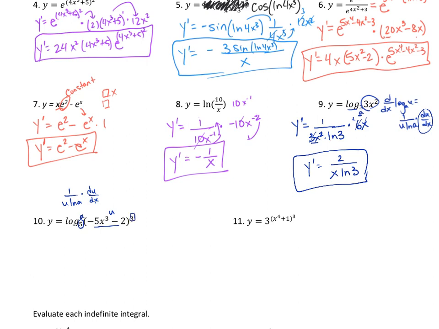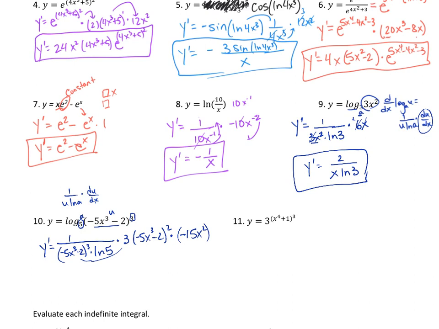So y prime will be 1 over negative 5x cubed minus 2 to the third times ln 5 times, now I have to take the derivative of this part, that's the chain rule, and in this case it'll be 3 times negative 5x cubed minus 2 squared times negative 15x squared. So that's what it'll look like when all is said and done.